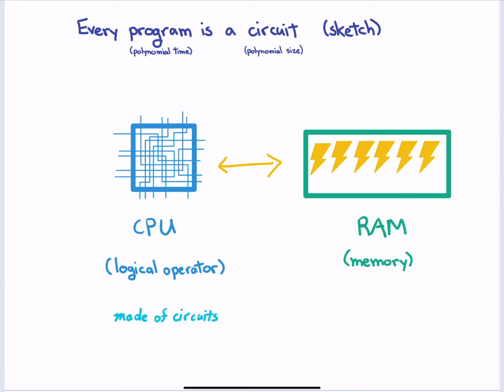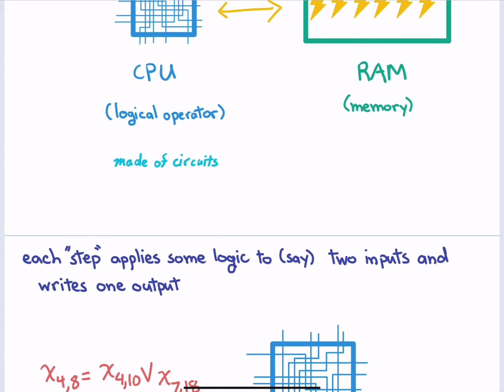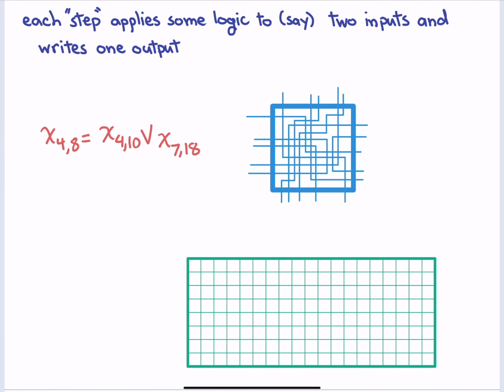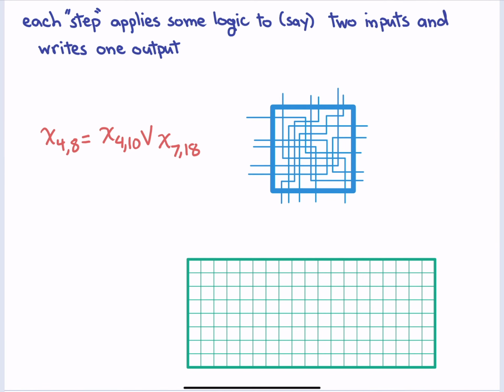And in our simple model of a computer, the CPU reads from RAM, writes to RAM. Okay. So a little bit more formally, well, I don't know if it's that formal, but let's say that in every step, the CPU will read from 2 locations in memory, some x and some y, and maybe add them up and get x plus y and write that out to another place in memory, right? So maybe this is saying x48 is 410 or 78.